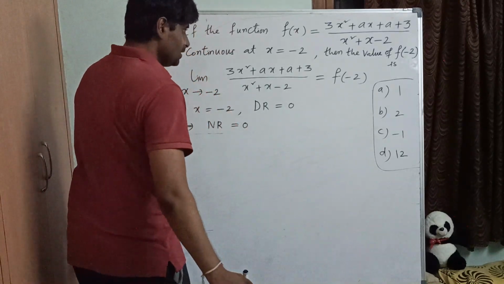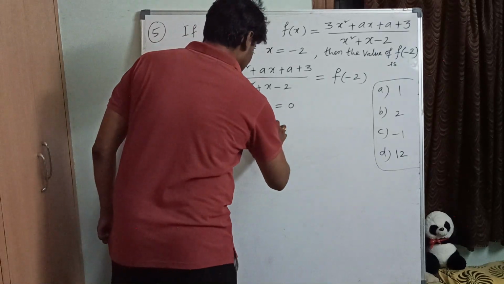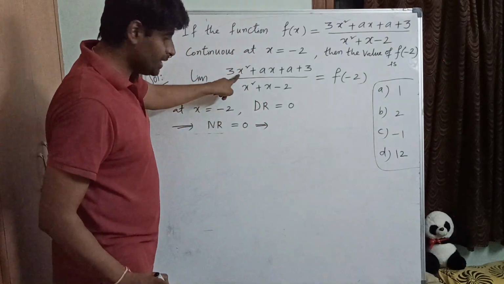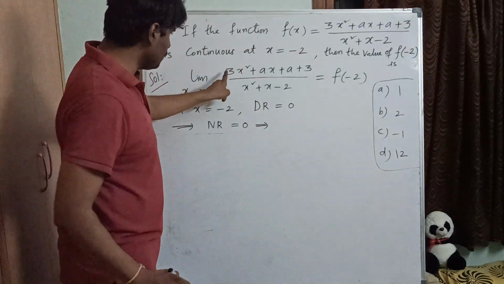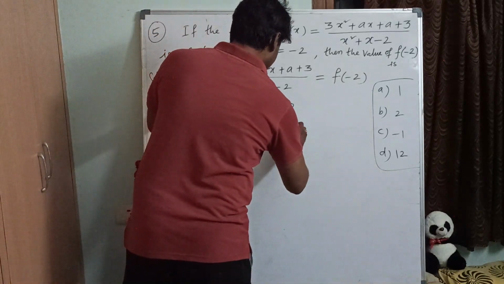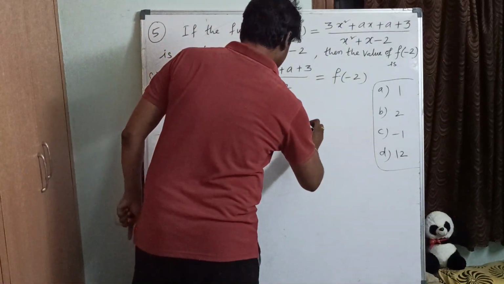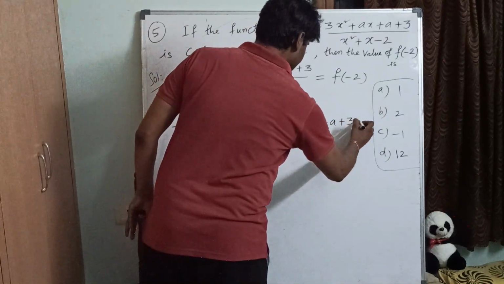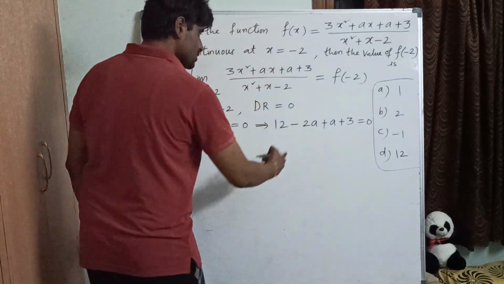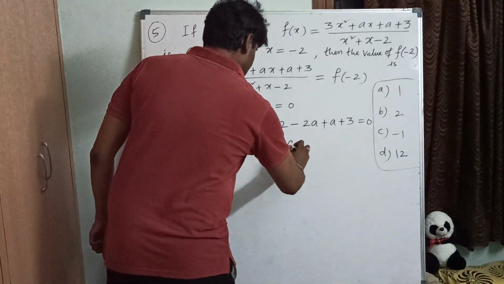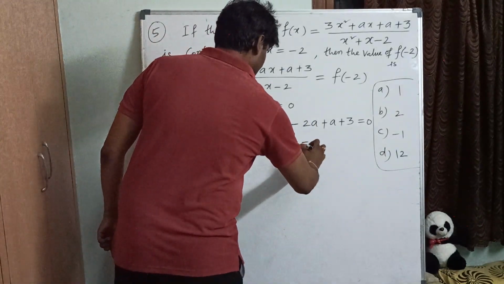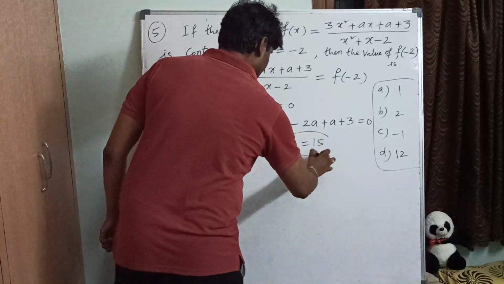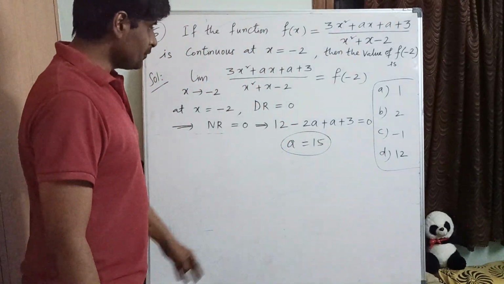Correct or not? Let us substitute -2 there. -2 square is 4, 4 3s are 12. Here minus 2a plus a plus 3 equals 0. So from this what do we get? a equals 15. Hope you can understand. Correct? So we got the a value.